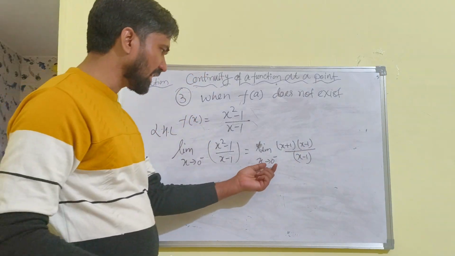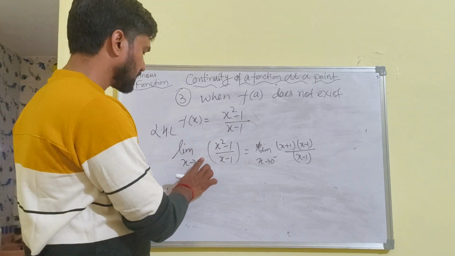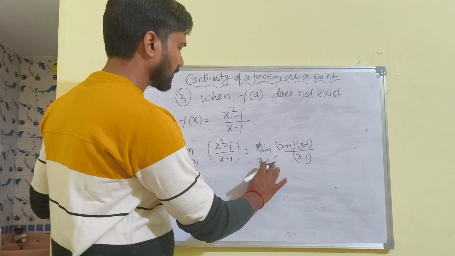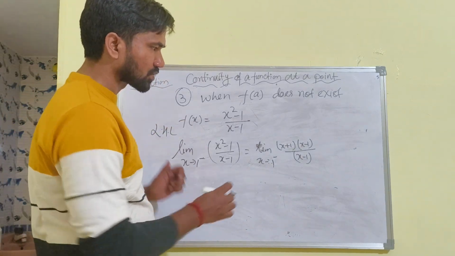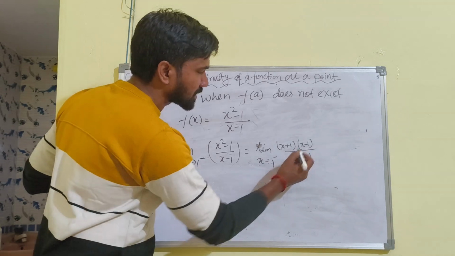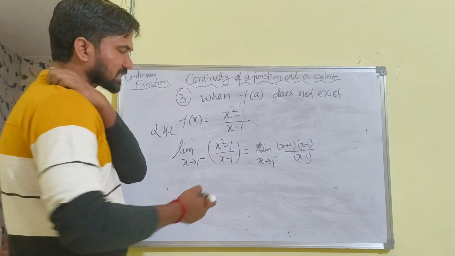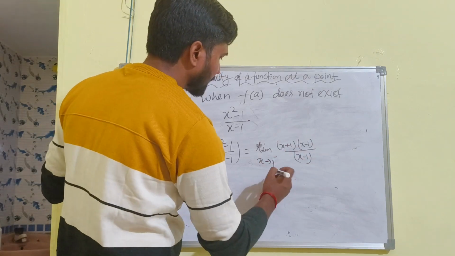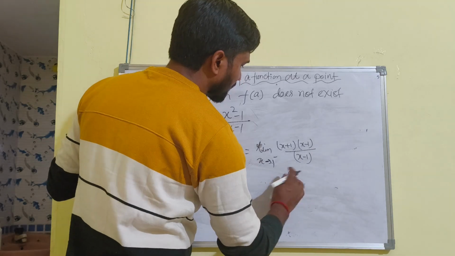See here, x is not equal to 1, we are going to check at 1. So here, we can put x tends to 1 minus. So 1 minus means, let's write 1 minus h simply.